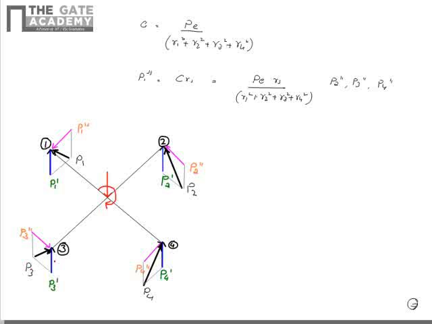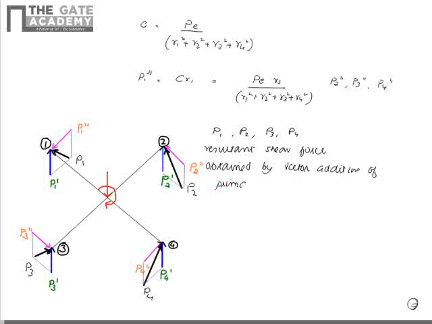Thus, at each location I can find the resultant force, and P1, P2, P3, P4 are the resultant shear forces, obtained by vector addition of the primary and secondary shear forces. Thus, you can find the resultant shear force at any other bolt location.